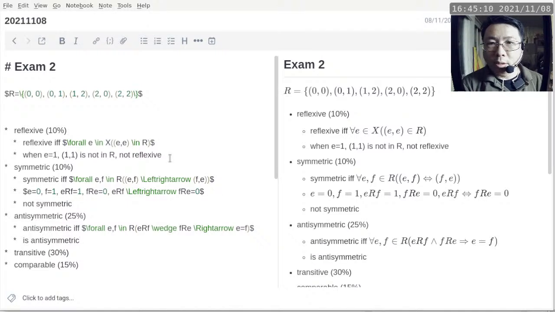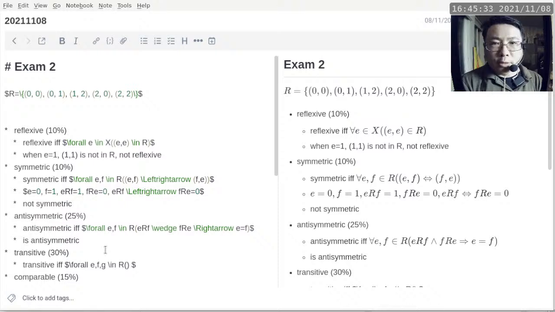Anti-symmetric. And then for transitive, you need 3 variables. So the definition of transitive is for all E, F, G in R, and this time we have an implication, and we also have a conjunction on the left hand side.